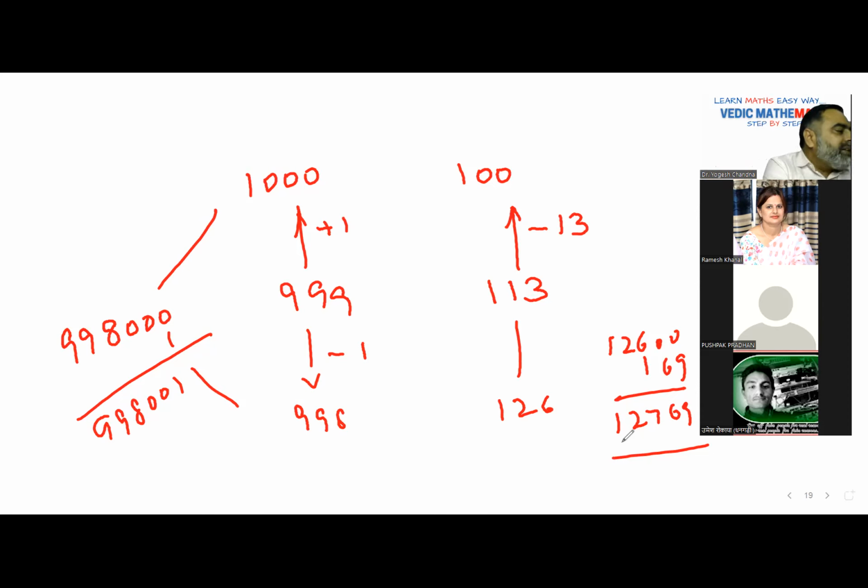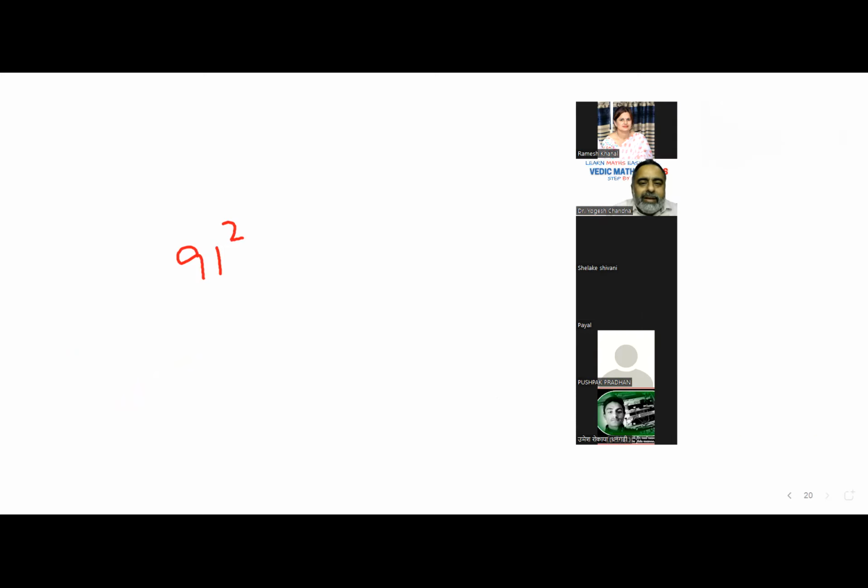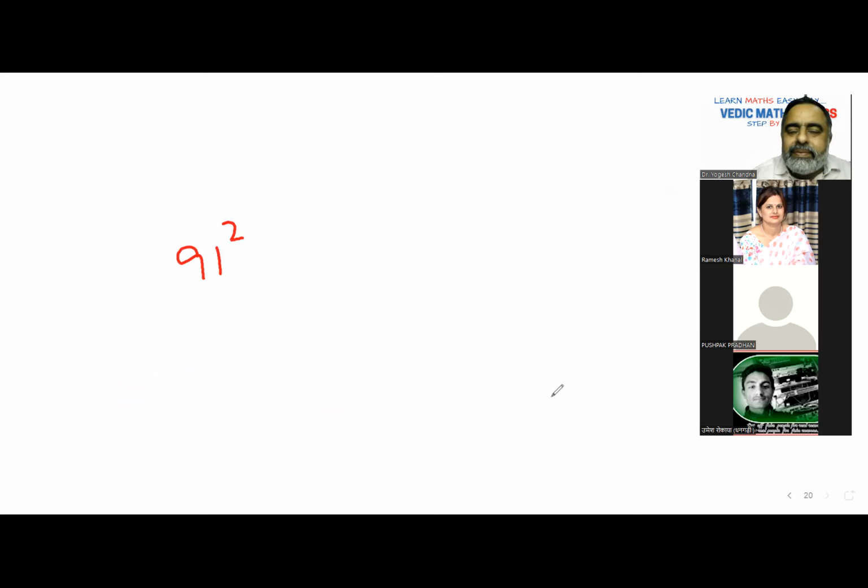No, sir. Okay, then solve 91 square. Aman, there is a lot of noise from your side. Sorry, sir. So 91 square, 8281. Okay.